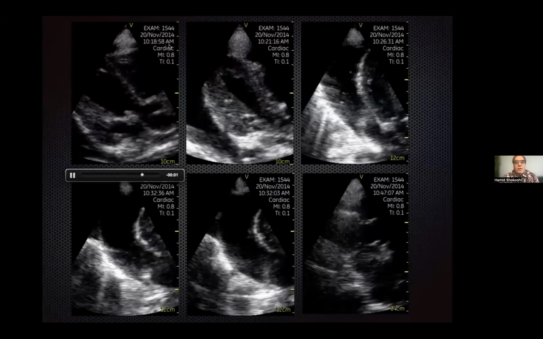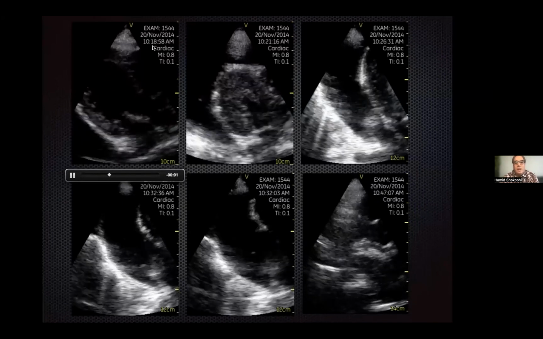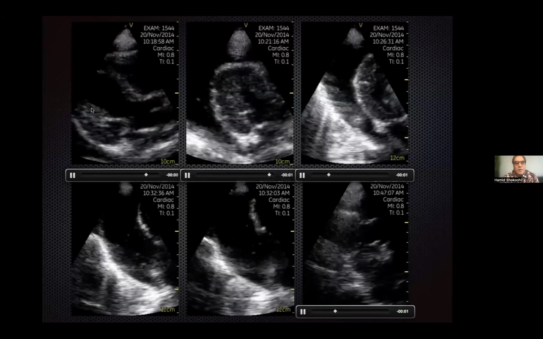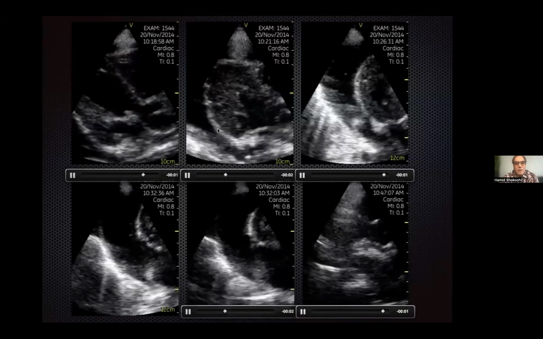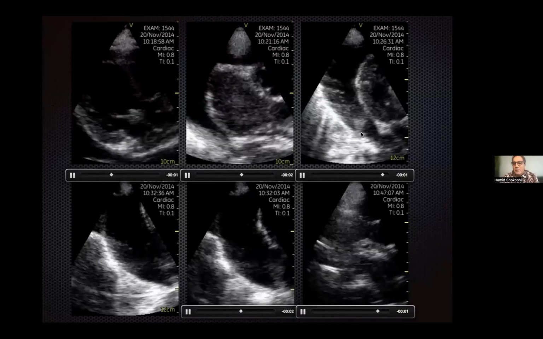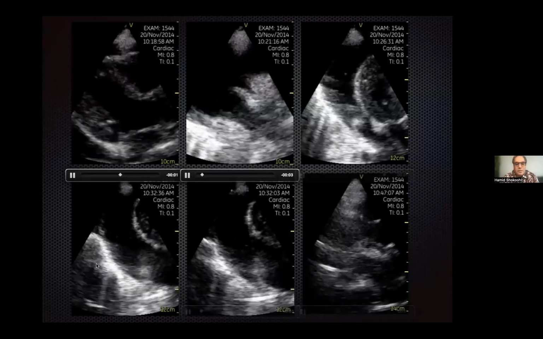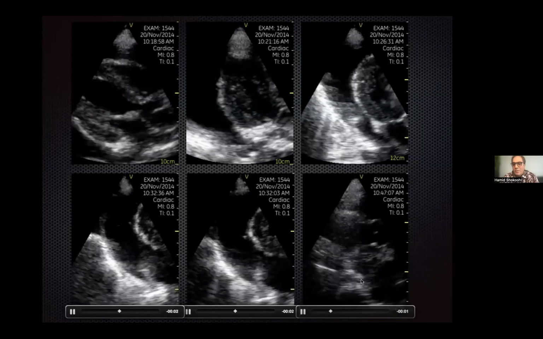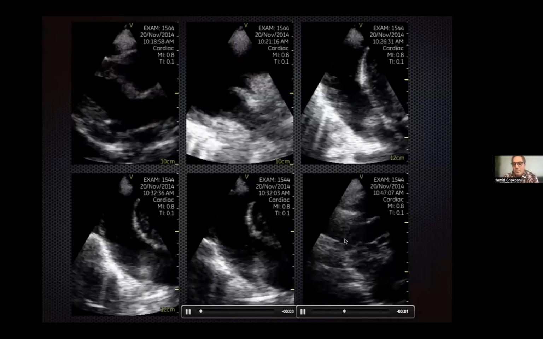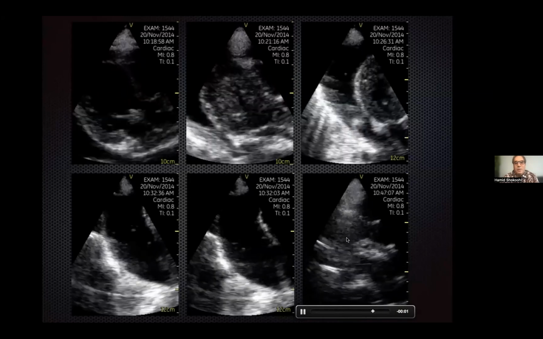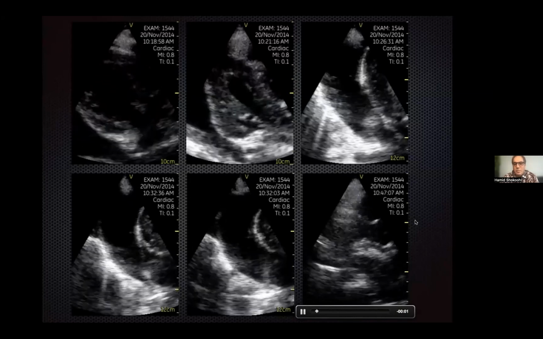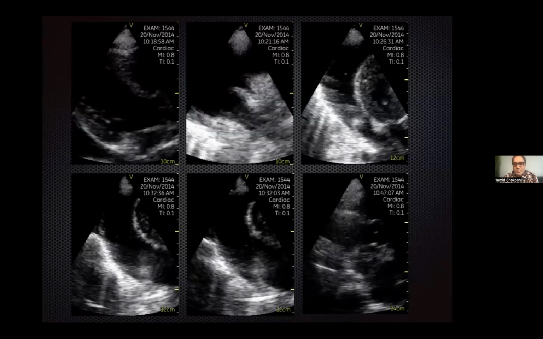Okay, so here, look at the timing, 10:18 and 10:47. And you can see here, we put the needle in, we put the catheter in. The catheter is coming here, the catheter is here. And you see there is zero effusion around here, almost zero. In less than 20 minutes, the pericardiocentesis is done with no pressure, simple as this.